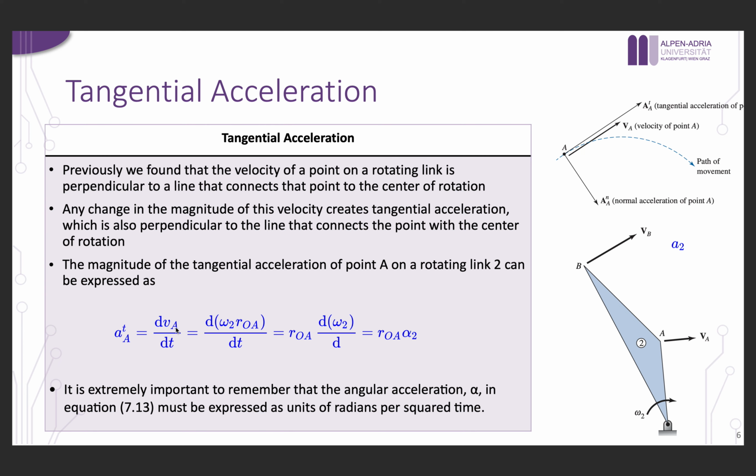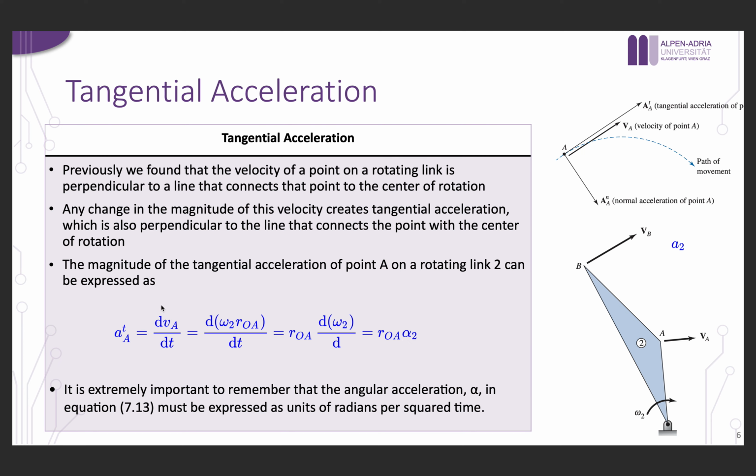And the magnitude of the linear velocity we have seen is expressed by the multiplication of the angular velocity with the radius of movement. If we just solve this problem, we would get the formula for the tangential acceleration, which is basically the radius multiplied by the angular acceleration.